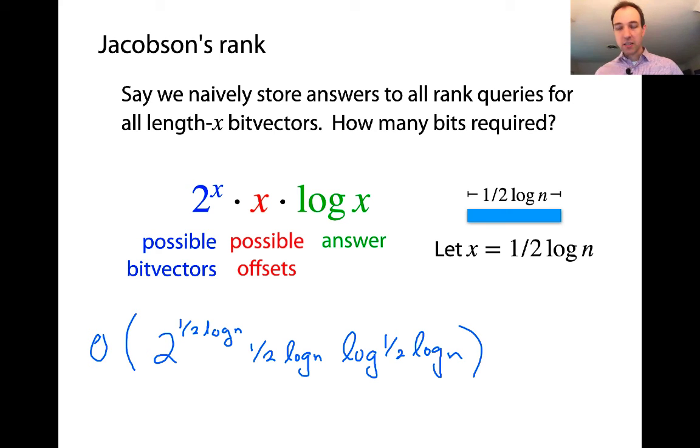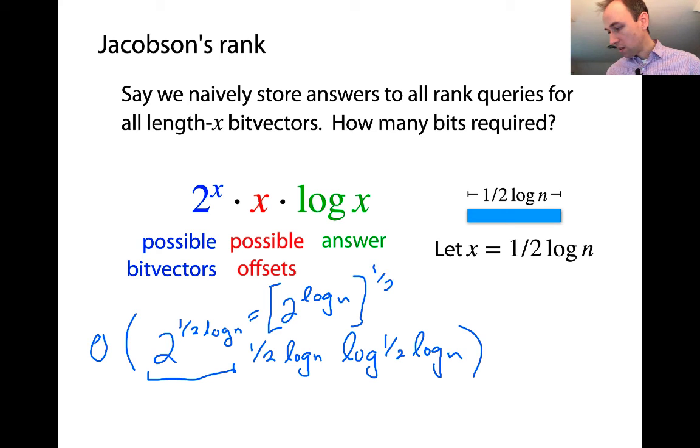And one interesting thing that's going to happen is this is 2 to the 1/2 log n right here. Well, that's the same as saying 2 to the log n, to the 1/2, which is square root of n. So we've now turned that first multiplicative term into square root of n.